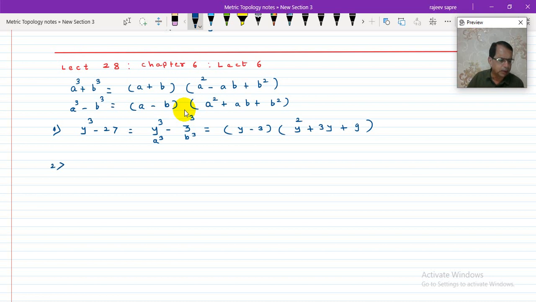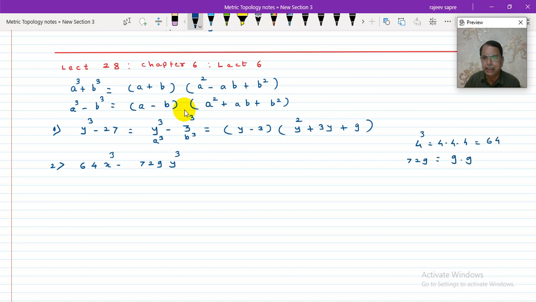Secondly, suppose I want to factorize 64x cube minus 729y cube. Now what is here? The number 64 is 4 cube, that is 4 into 4 into 4, so it is 64. And 729 is 9 into 9 into 9, so it is 9 cube.